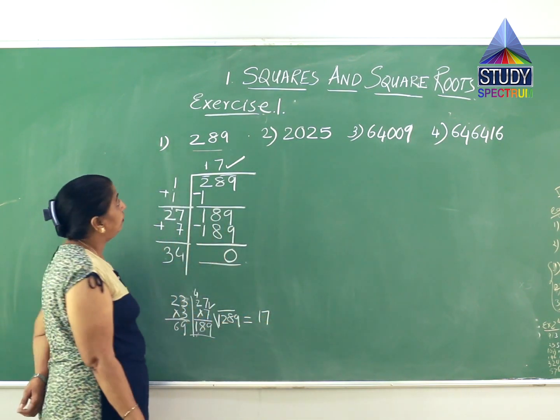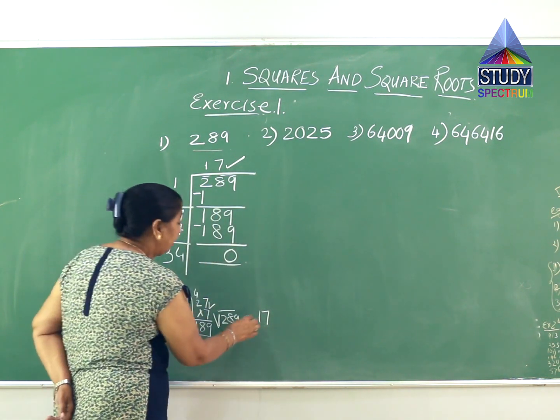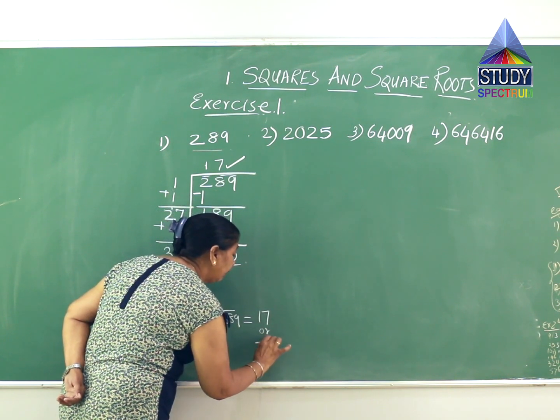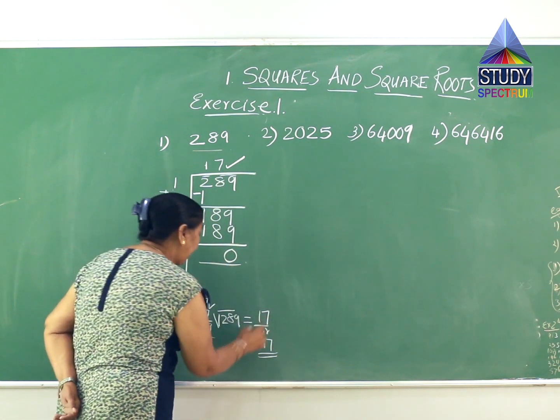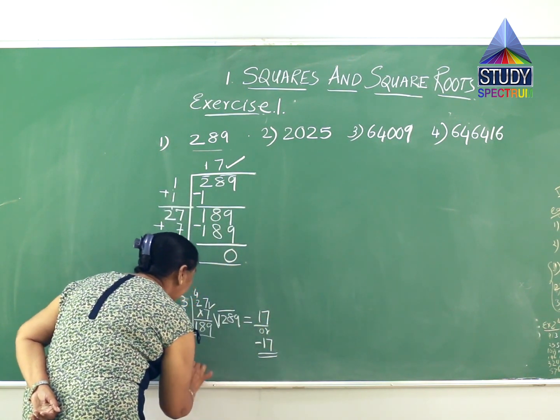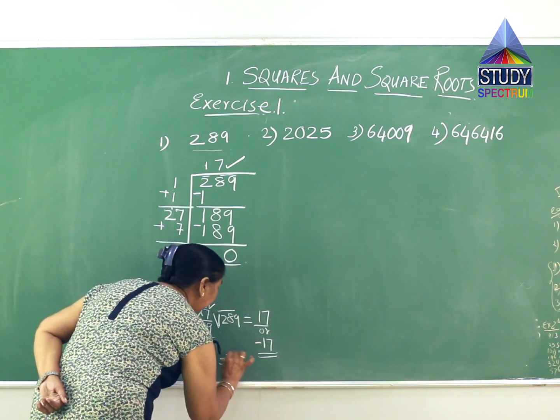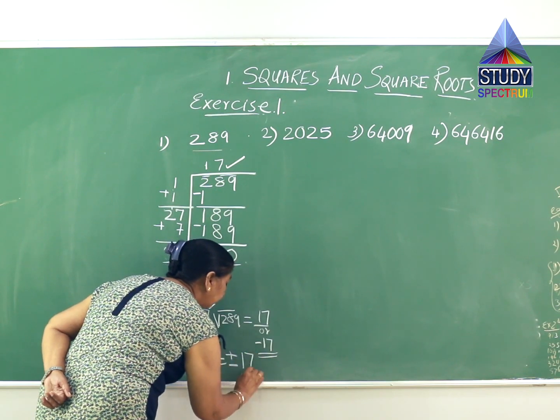But as you know children, every square root has two roots. One is positive, the other one is negative. So minus 17 is also the square root of this. This can be written like this. Square root of 289 is equal to plus or minus 17.